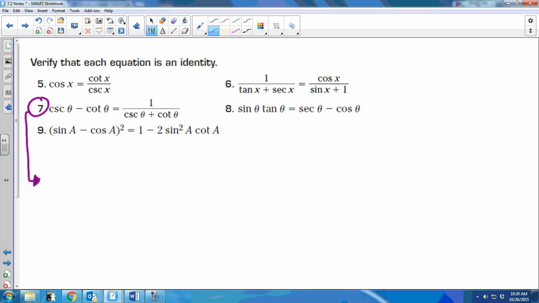So we're going to use the idea of a conjugate that you learned about in algebra. I need to be able to do that on the other side somehow, with cotangent theta. By using a conjugate, I should be able to accomplish that. So here's what we have.